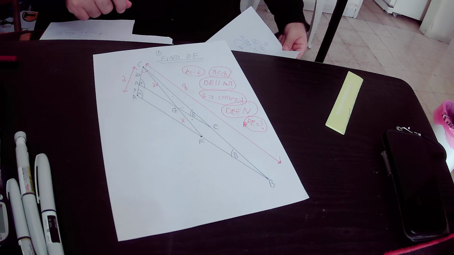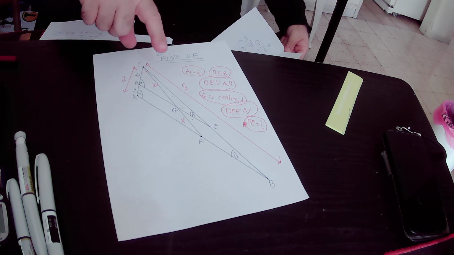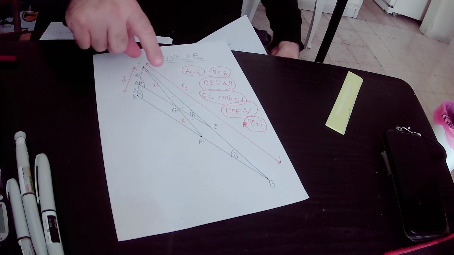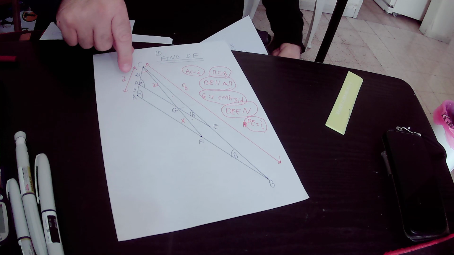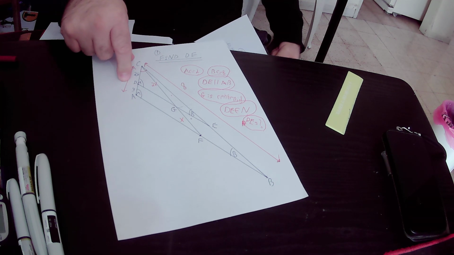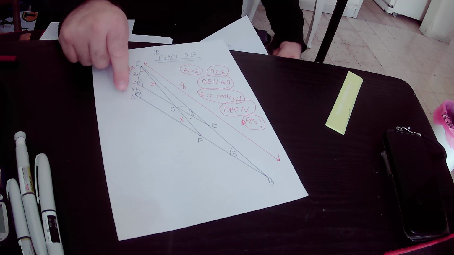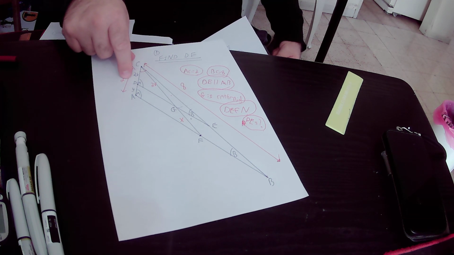So actually, here, if CD equals 2y, then AD will be equal to y, because CD is twice as large as AD.